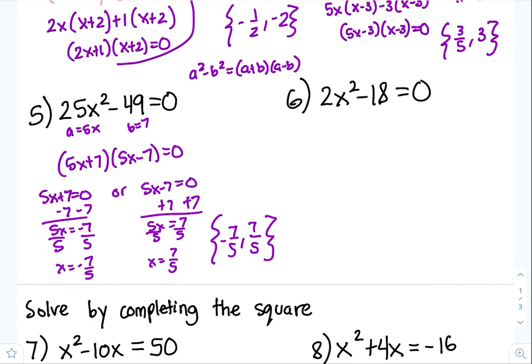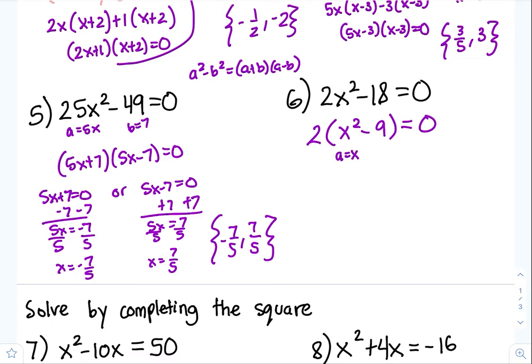Now let's take a look at number 6. Do you see how with 2 and 18, I can factor out a 2 first from both? So 2 divided by 2 is 1x squared, -18 divided by 2 is -9. Now look at the inside of the parentheses. You've got two terms and a minus sign. They are both square rootable, so that means we have to use our formula of a difference of squares. What is the square root of x squared?